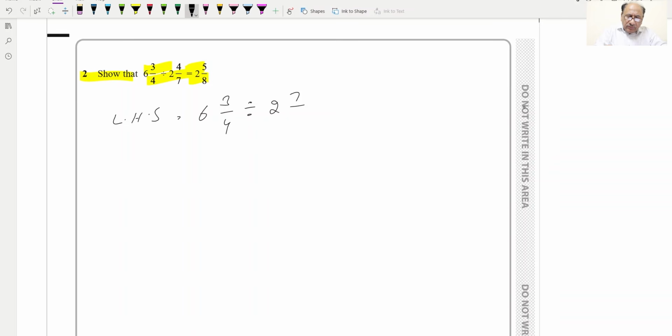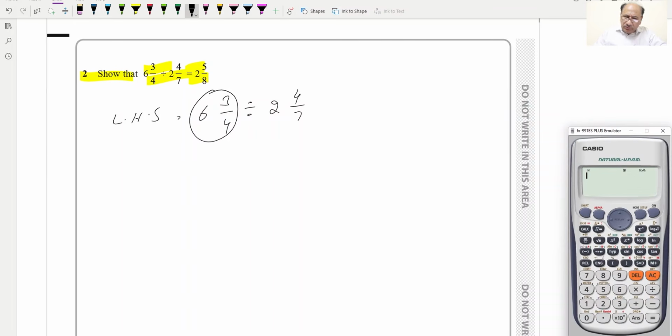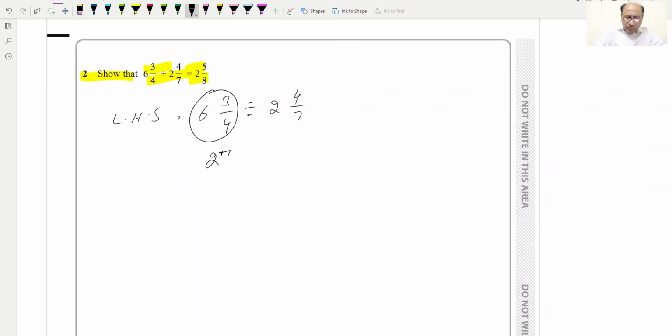Now we can change this into an improper fraction, and you can take the calculator's help if you don't know how to change it. So 6 whole 3 over 4, press equal to, you get 27 over 4.